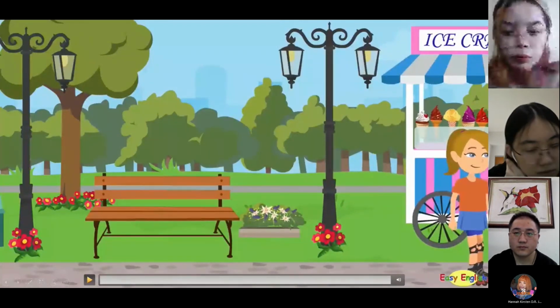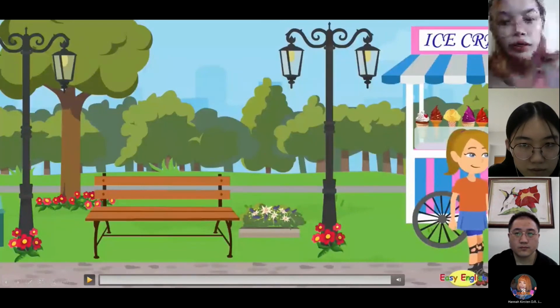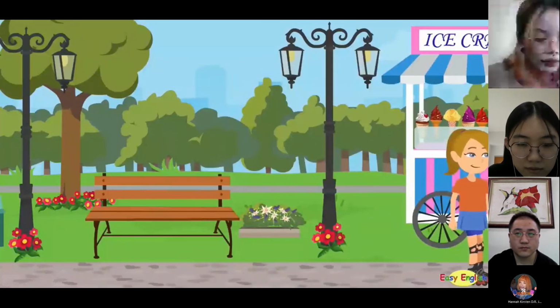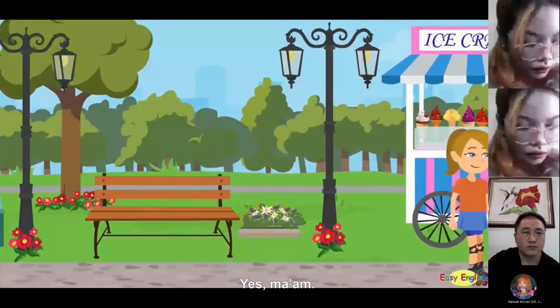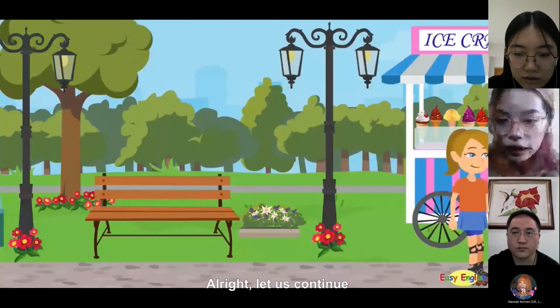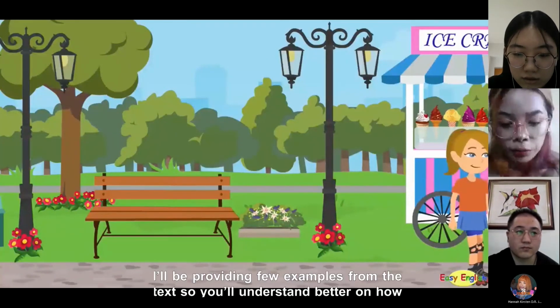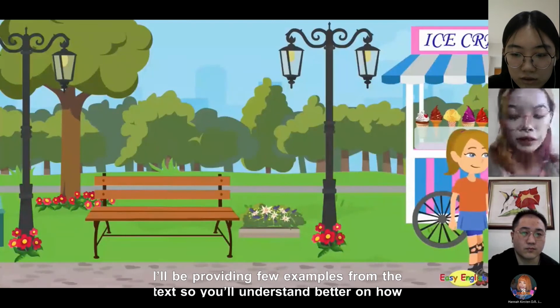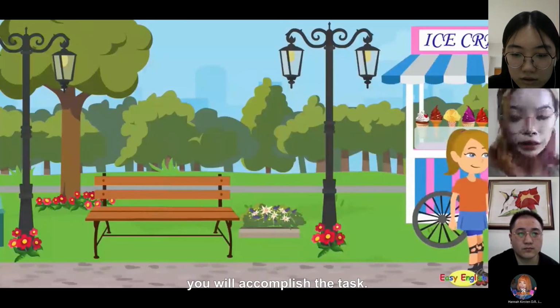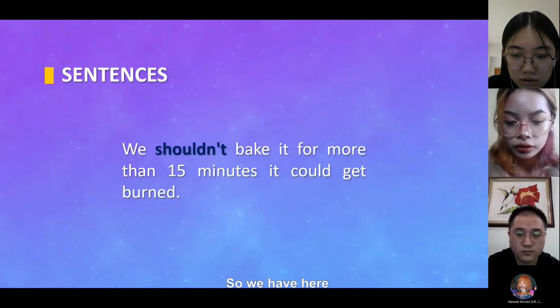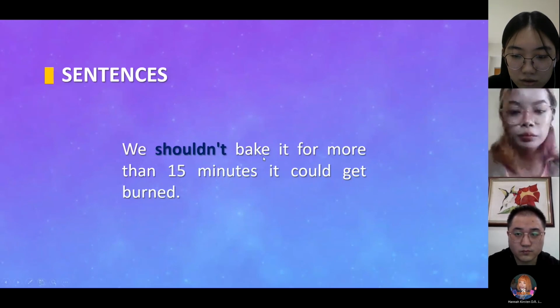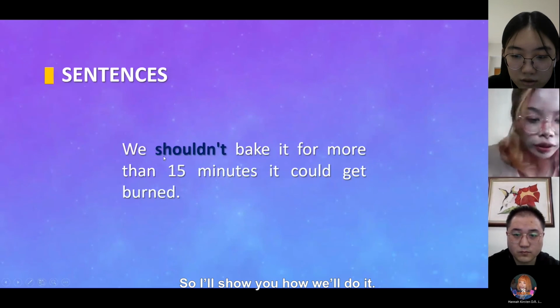Were you able to jot down the sentences? Yes, ma'am. All right, let us continue. I'll be providing a few examples first from the text so you'll understand better how you will accomplish the task. So we have here, we shouldn't bake it for more than 15 minutes, it could get burned. So I'll show you how we'll do it.